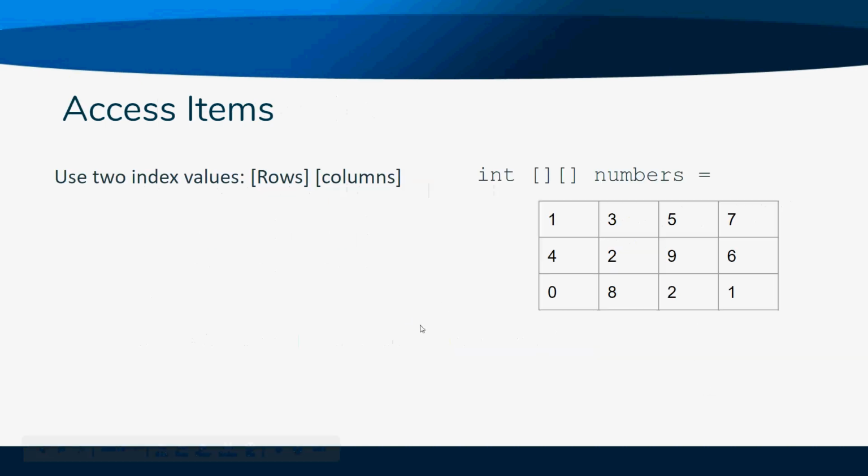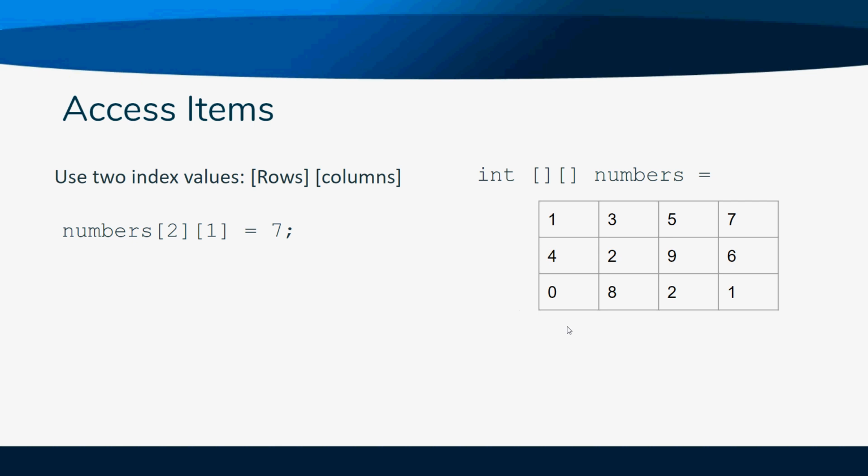Okay, now suppose you want to access an element in your 2D array. Here's an example. I'm going to set numbers at position, excuse me, row 2, column 1, and I'm going to set it equal to 7. If I come over here and look, this is row 0, this is row 1, this is row 2.